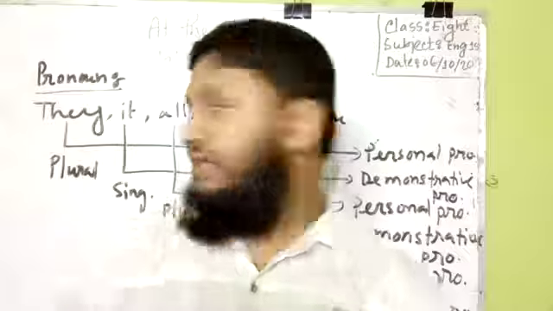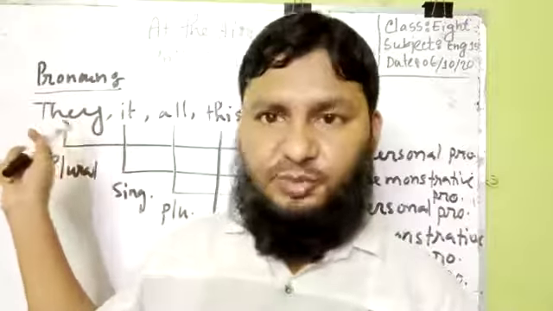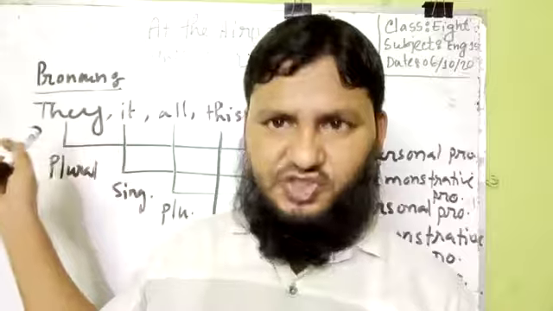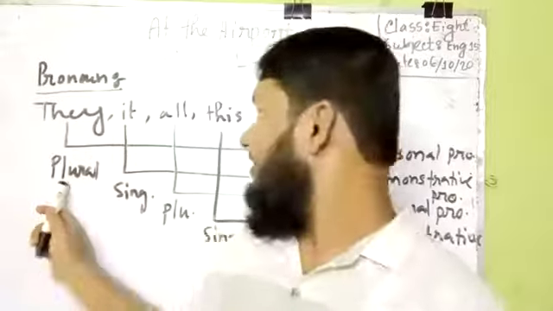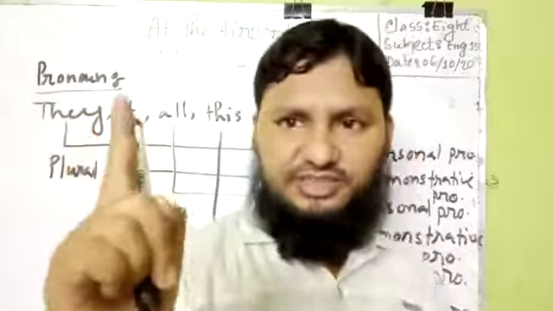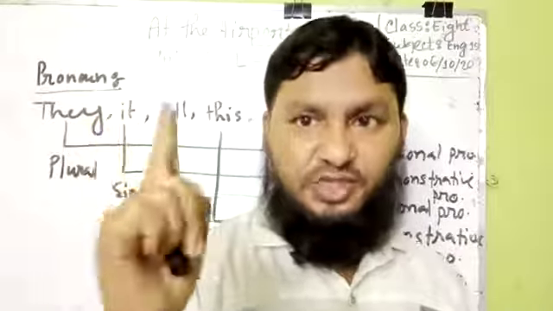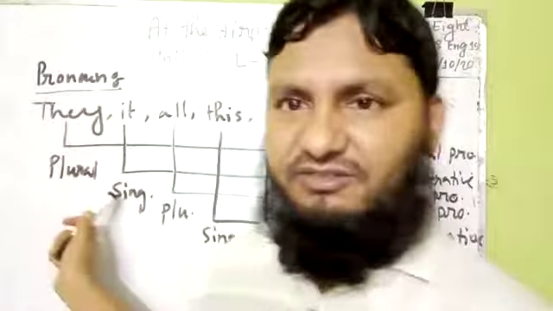My dear students, you can see here that this indicates more than one person, so there is plural number, and here it indicates one thing or one object, so it is singular number.